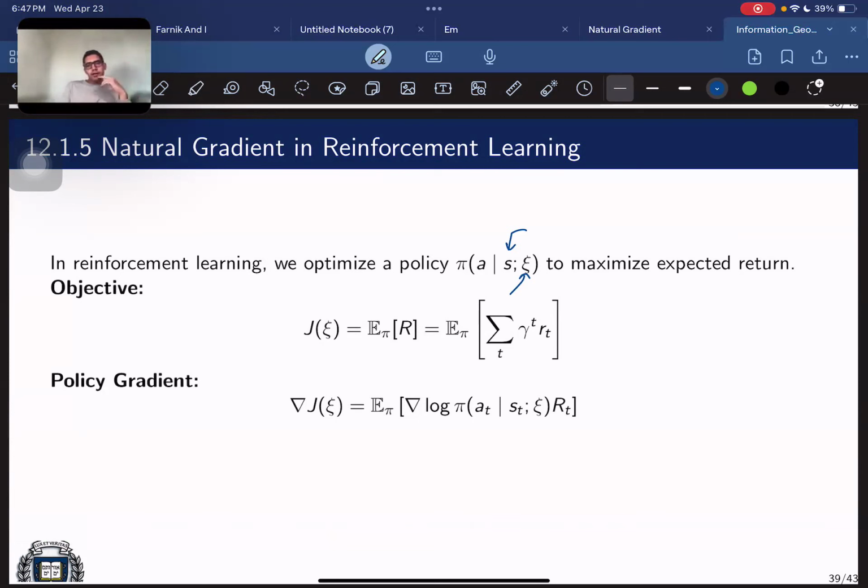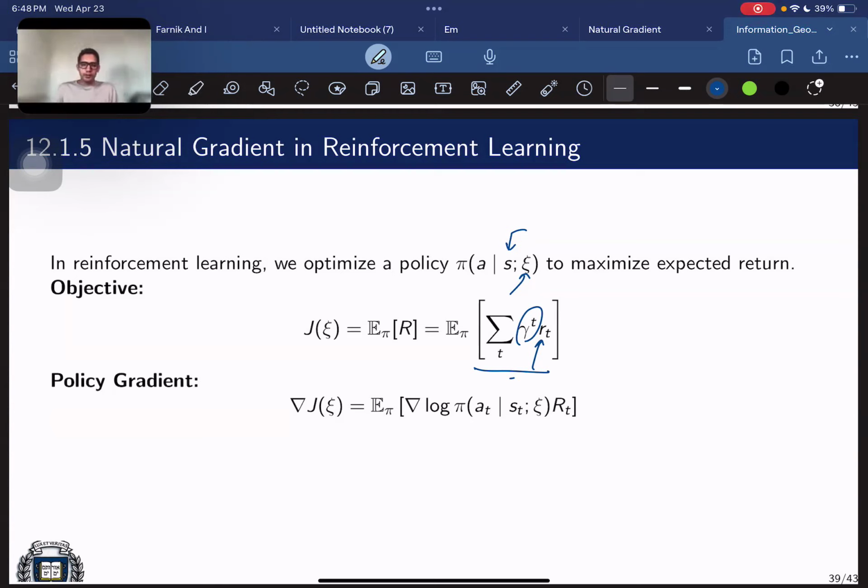Then you get a reward RT, and that reward is summed over time with a discount parameter gamma. Then the objective is to maximize the return.